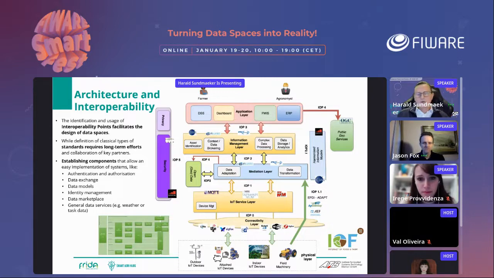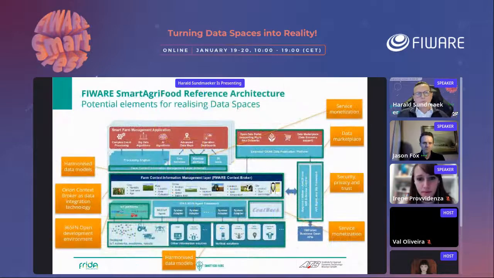And now when thinking in terms of FIWARE, we also can remember that, and therefore I took this graphic. It's not the latest version, but however, I think it's very important when we're talking about data spaces. I think where we started here already at the top with the farm management and farm management information systems, we could use really the context information management layer to facilitate the operation of different systems and facilitate the exchange there of data. We can really, what also Jason said before, it's also about earning money.